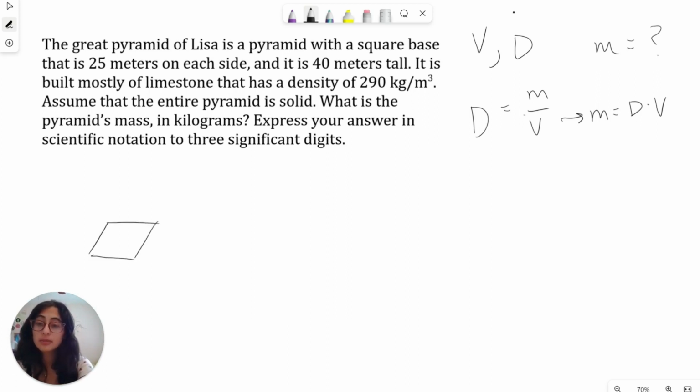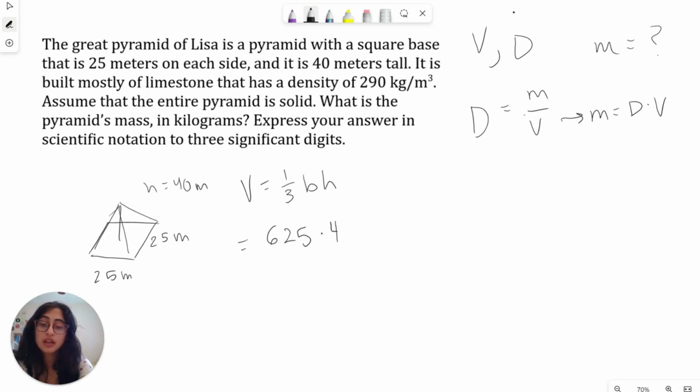So it has a square base of 25 by 25, and the height is 40 meters. The volume of a pyramid is equal to 1/3 base times height. In this case, our base is 25 squared, which is 625, and the height is 40, and we divide this by 3 to get our volume.